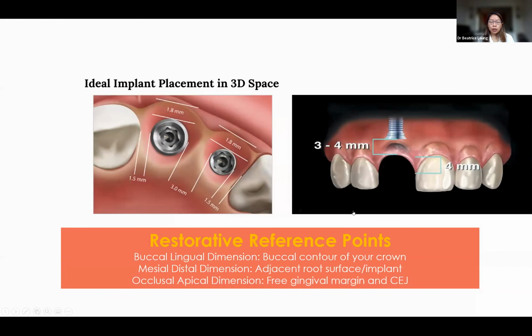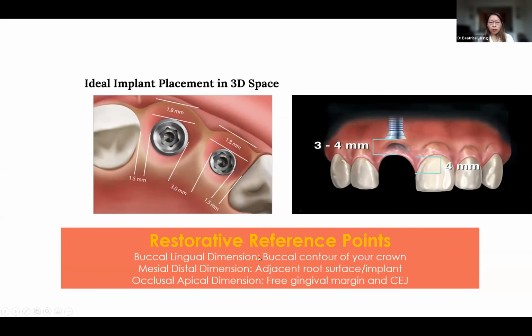Just a review of last week's lecture: what is the ideal position, prosthetically driven implant placement? For a simple single tooth fix, this is the slide that I always like to talk about. I look at the positioning in three-dimensional planes.